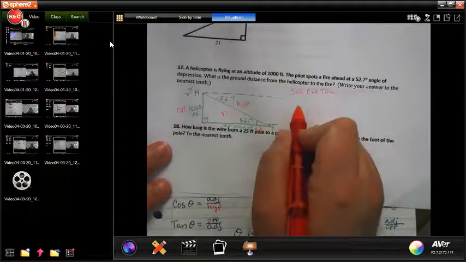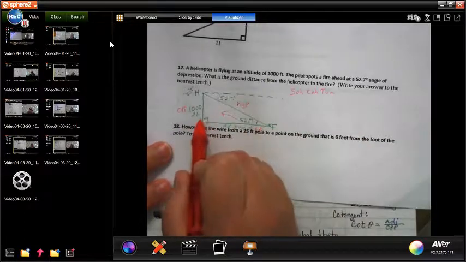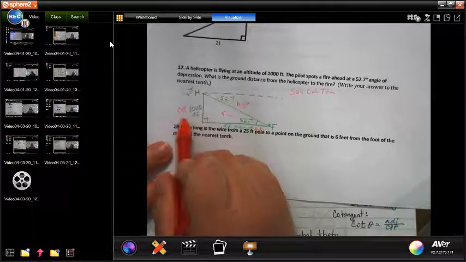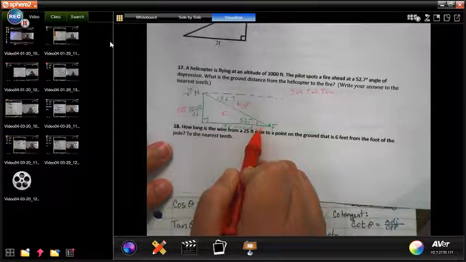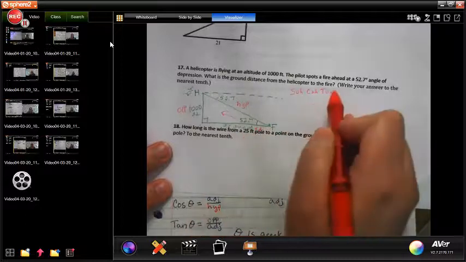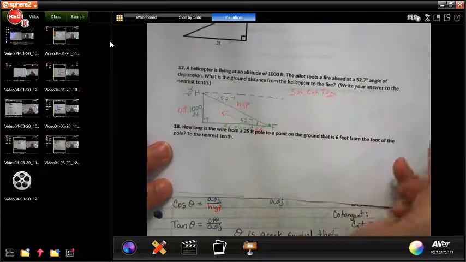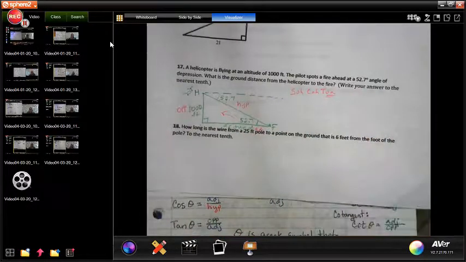Okay, so what I have is 1000, which is O, and I have the ground that I need to find, which is A for adjacent. O and A go together for tangent. So I set that up.